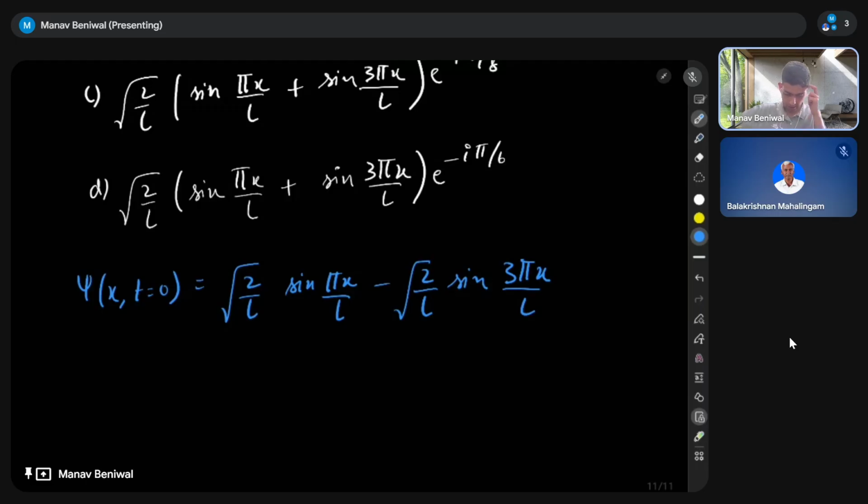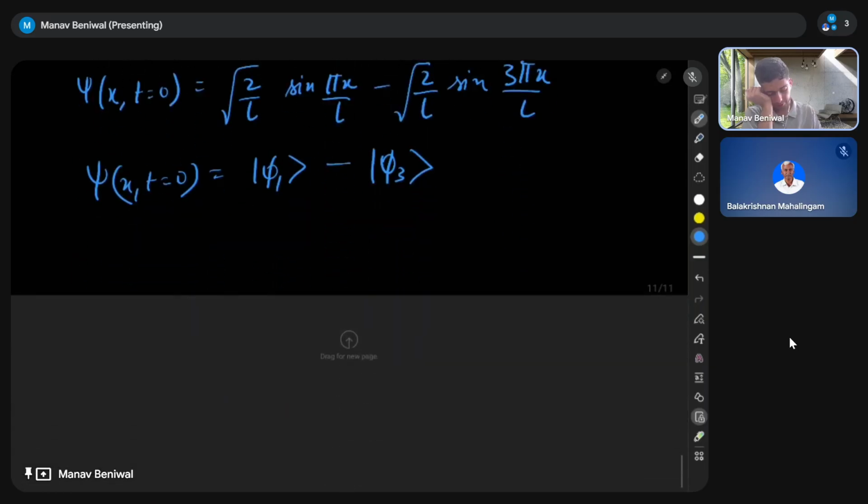Okay, now this we know, so our psi at t equals 0 is nothing but phi 1 minus phi 3. Right, so the ground state and the second excited state, or the first state and the third state.